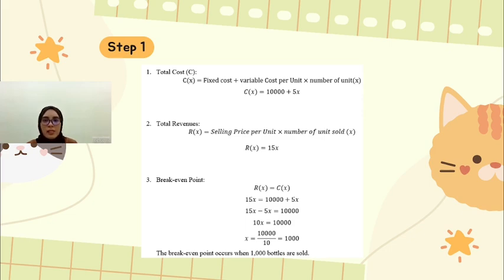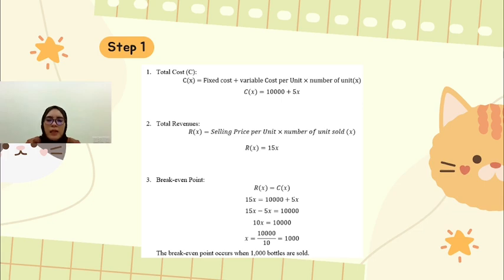So you will get C(x) equal to 10,000 plus 5x. Second, we have to find the total revenue. Total revenue equals the selling price per unit times x. Already given in the question, you can see it is R(x) equal to 15x.